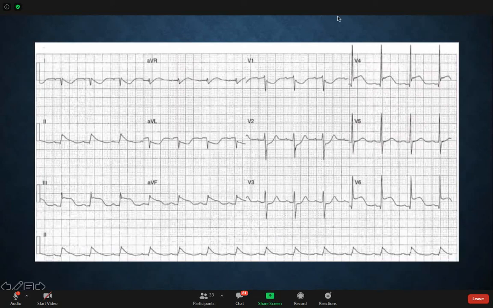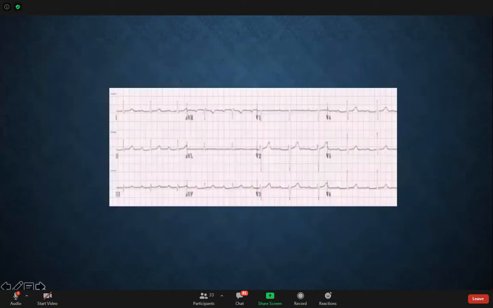I think we're done. Let me go. This ECG is actually clear, but I showed you this ECG for just one reason. Unfortunately, if you see the PR interval, this is your first degree AV block. Do you see the PR here?